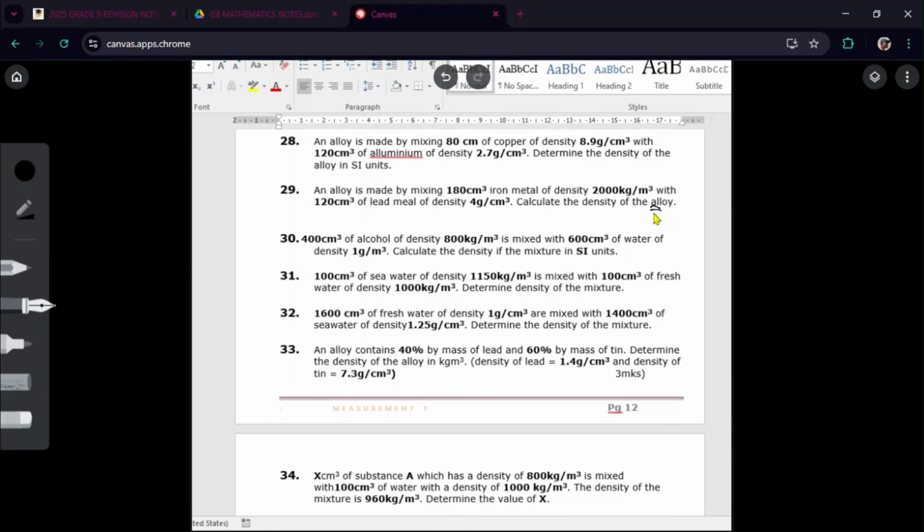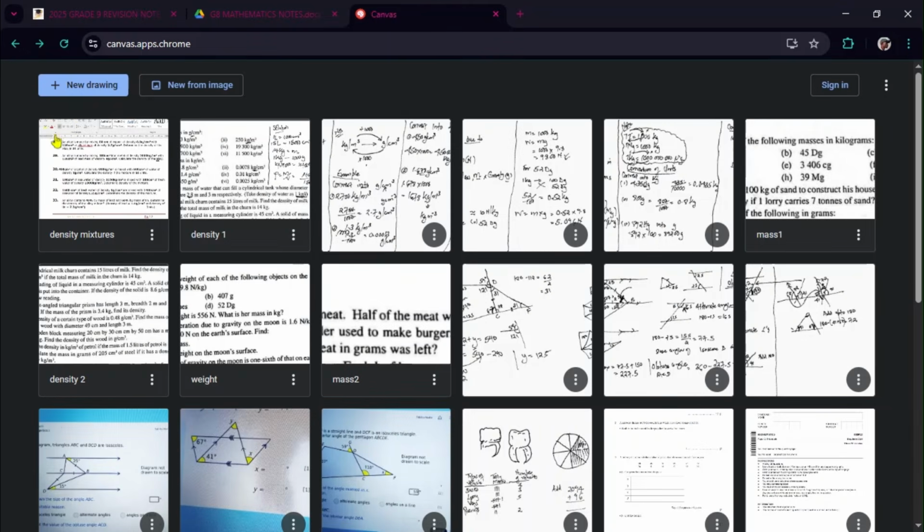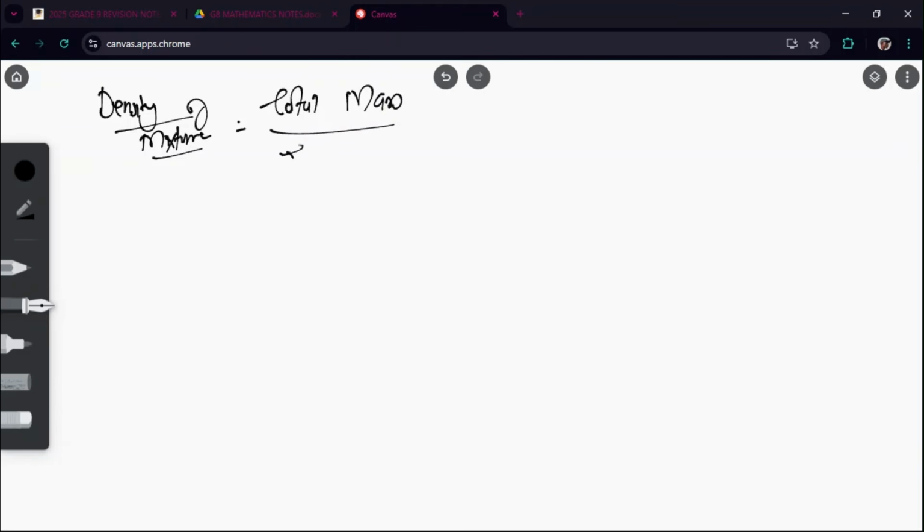I will do one here, and the formula here is anytime you're talking about a mixture, density of mixture, then the density of mixture is normally given by the total mass all over total volume.